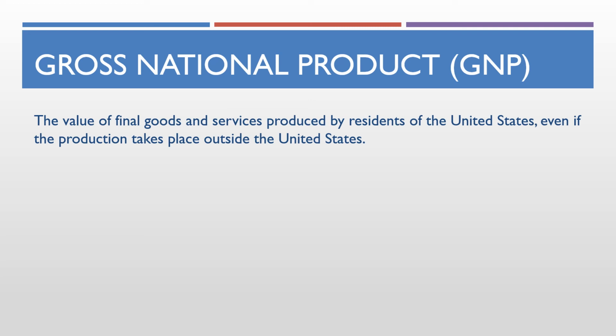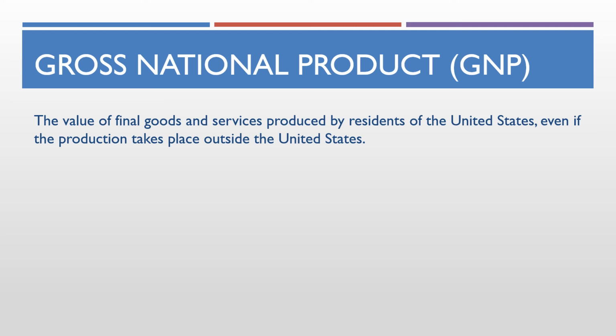However, GNP is the reverse. GNP basically counts anything produced by the residents of that country, including overseas production. So in this case, if something is produced by a citizen, let's say Apple.